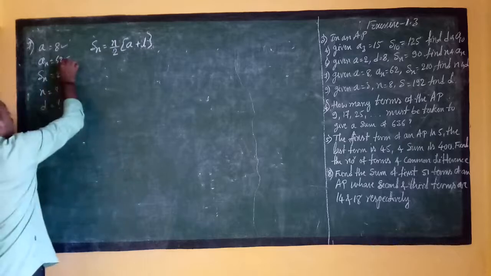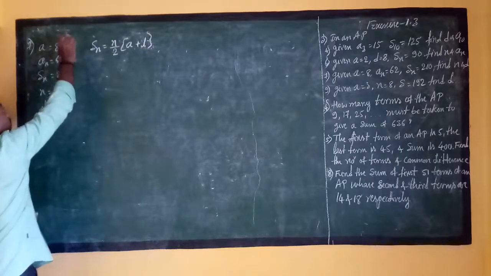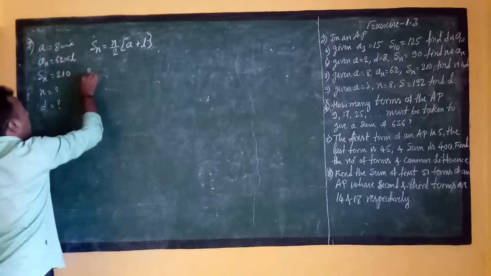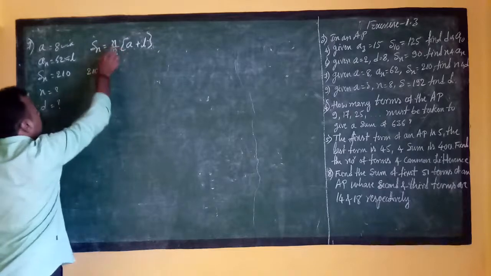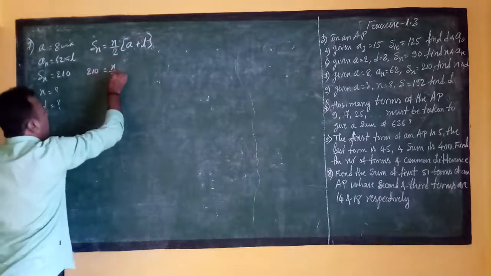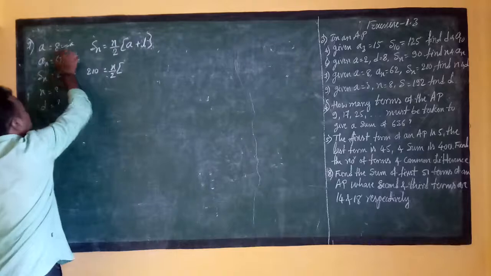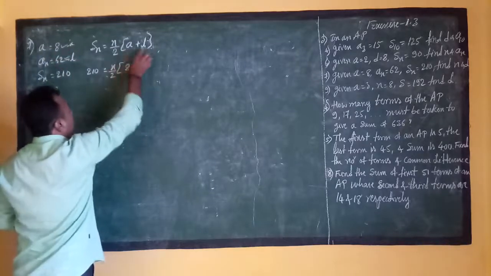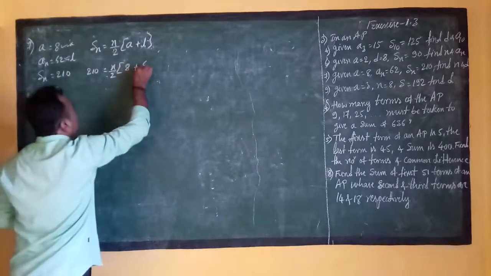Okay students, this is l, the last term, this is the first term. Sn they are given 210. It is equal to n, which we have to calculate, by 2 into a, which is 8, the first term, plus l, the last term, 62.